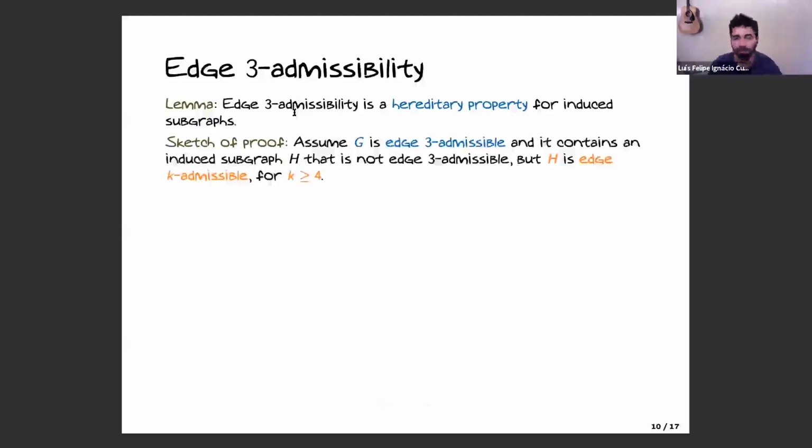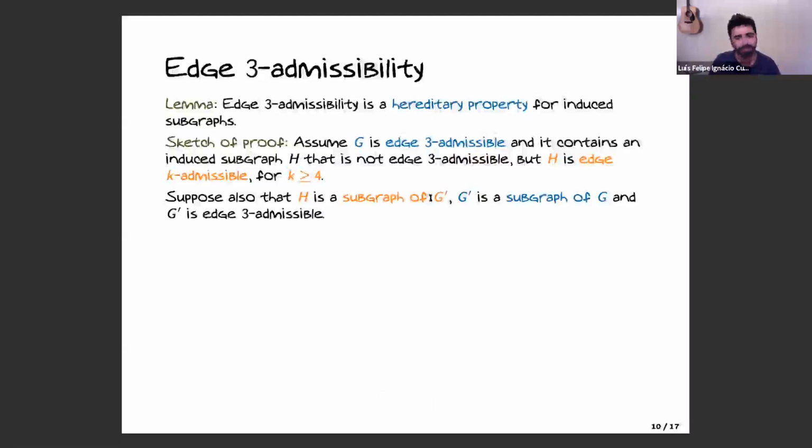So let us assume first that G is 3 admissible, but it contains an induced subgraph H that is not edge 3 admissible. If H is not edge 3 admissible, then H is edge k admissible for k at least 4.